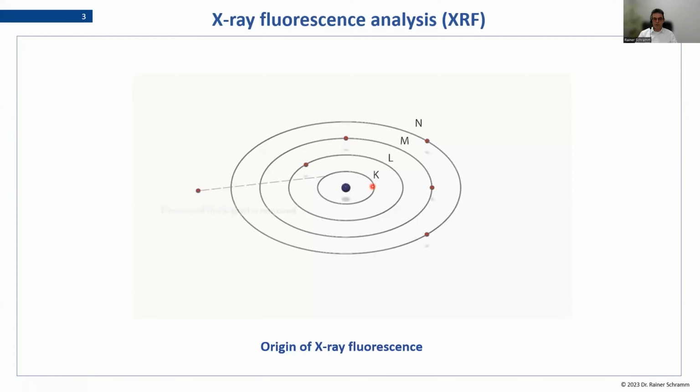We call this the fluorescence yield. The basic rule is that with low atomic number, the fluorescence yield is very little, and the higher the atomic number, the more it increases. So for high atomic number elements we have very good sensitivity in XRF, and for light elements, with low atomic numbers, we have only very little sensitivity for fluorescence.